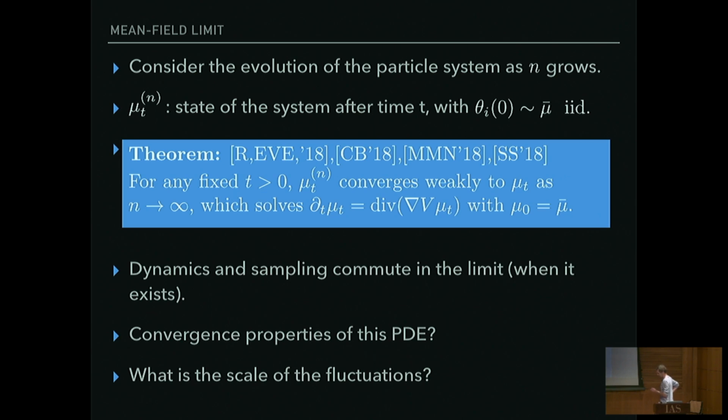What this mean field limit tells us is that if I track the evolution of the system with n particles, as n grows, I can essentially, in the limit, swap the sampling with the dynamics, right? In other words, I could pretend that I haven't sampled. Instead of sampling particles, I could just pretend that I have some very nice smooth distribution mu bar that follows exactly the same PDE, right?